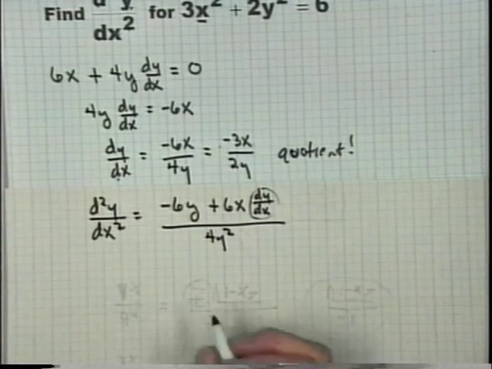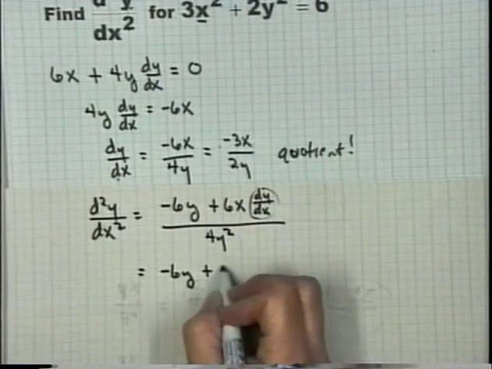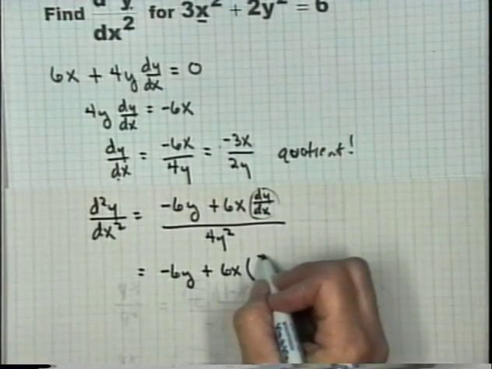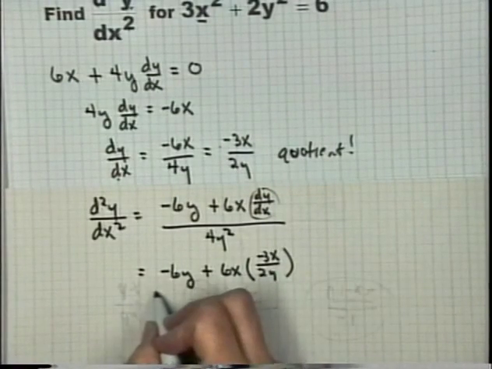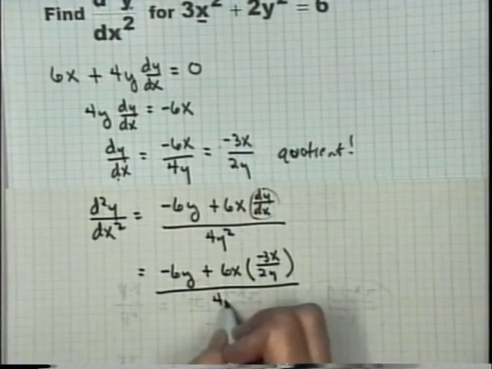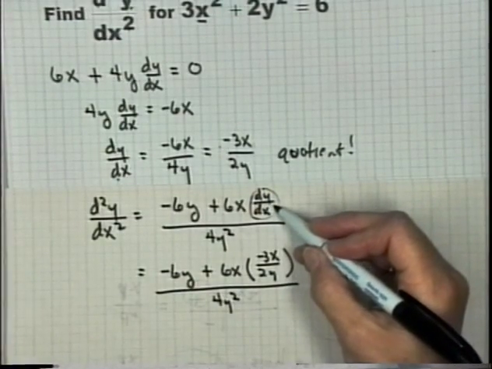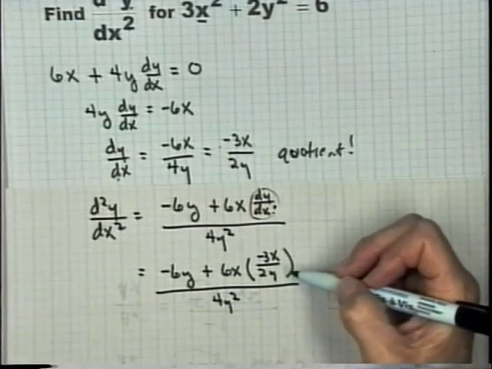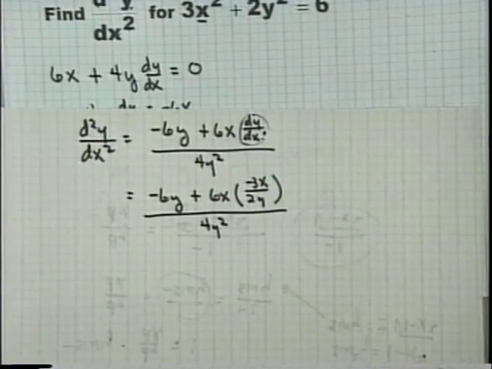So we're going to substitute that in. So negative 6y plus 6x times the quantity, negative 3x over 2y. And then all of this is over 4y squared. You see what we did? We just substituted dy dx is this, so we substituted for it here.